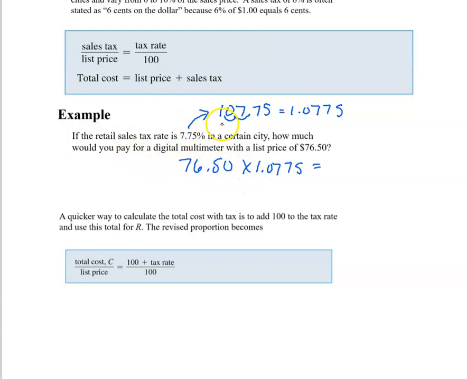Well, we're paying over 100%, so I would multiply by 100 plus the 7.75%, and when I change my percentage to a decimal, I'm going to want to divide by 100. So 107.75 divided by 100 got me the 1.0775, and that would be the answer if we did that.